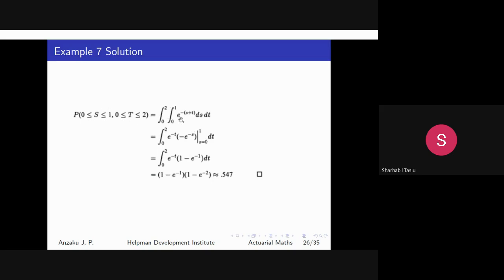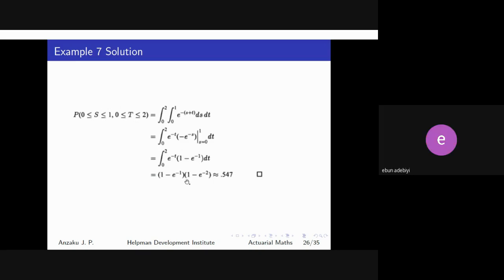And then we have our PDF here, e to the power of minus (s plus t), ds dt. So when we integrate and put in our interval, we will get this value 0.547. Do I need to explain more?